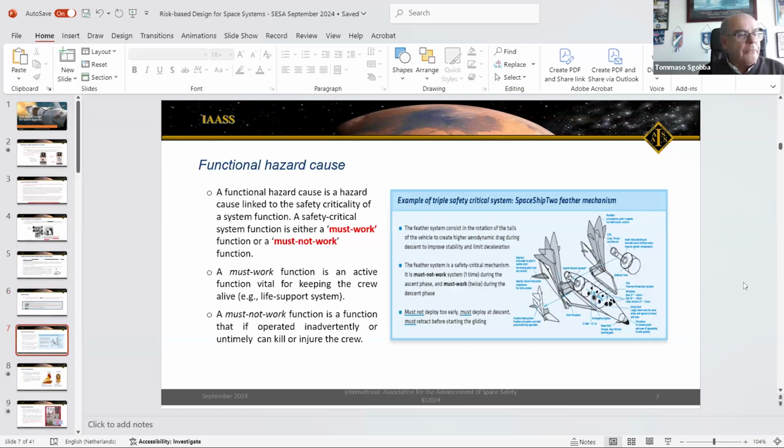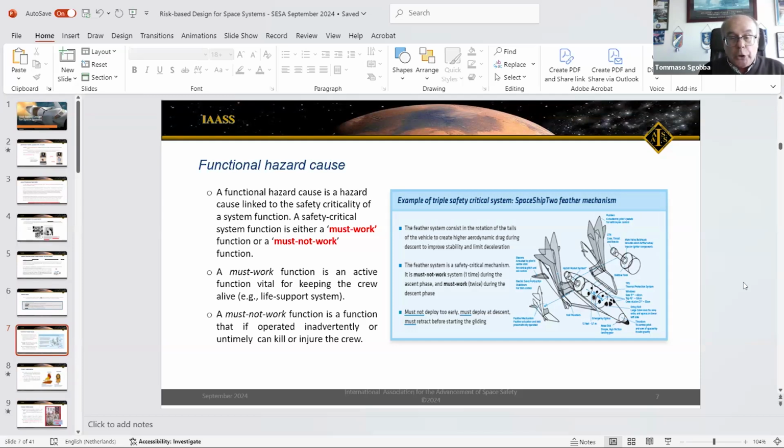Here, some further details about functional hazard causes. There are two kinds of functional hazard causes which we consider important to differentiate, which are must-work function and must-not-work function. An accident could occur because a function does not activate at the right moment.